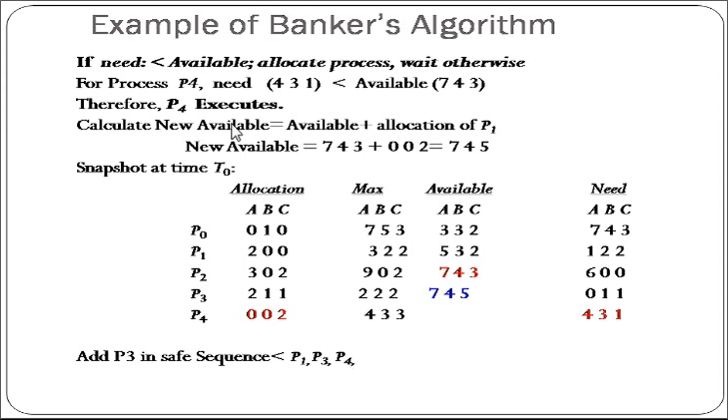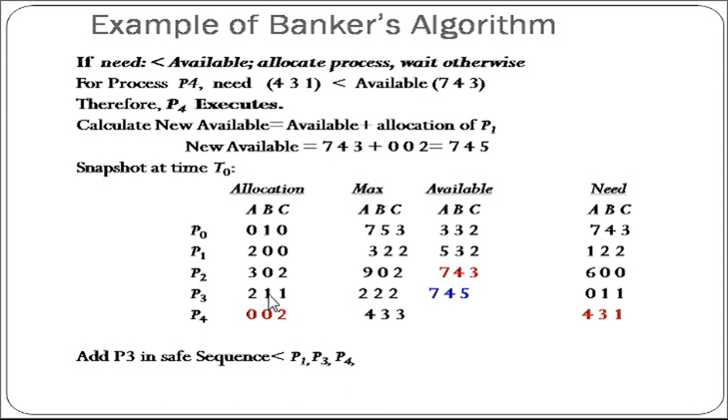Then calculate the new available: the current available is 743 plus the allocation of P4. What is the allocation of P4? It is 0, 0, 2, the allocation of P4, not P1. So 743 plus 002 will give you 745.